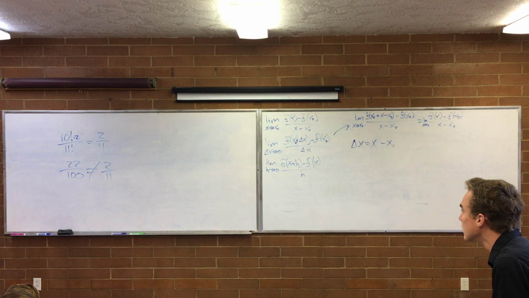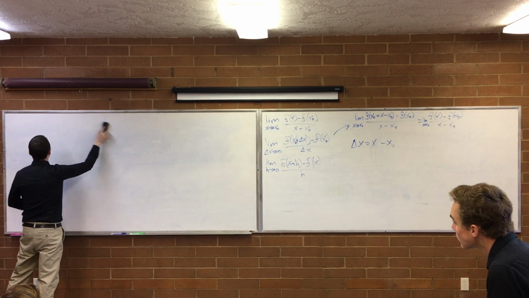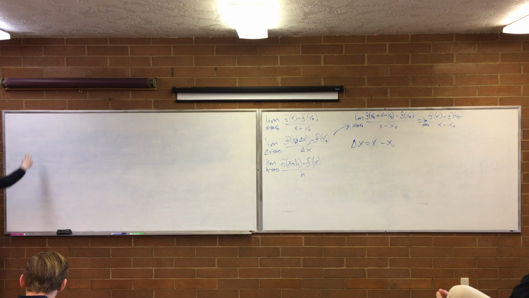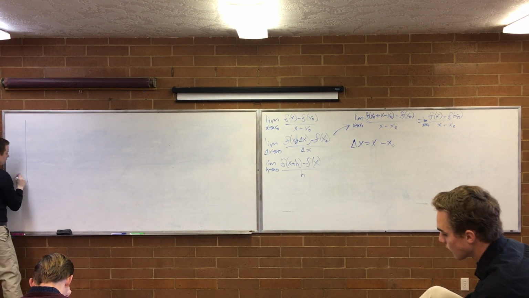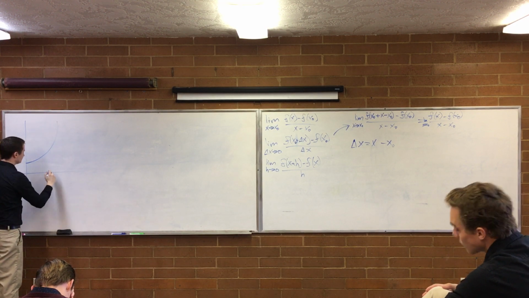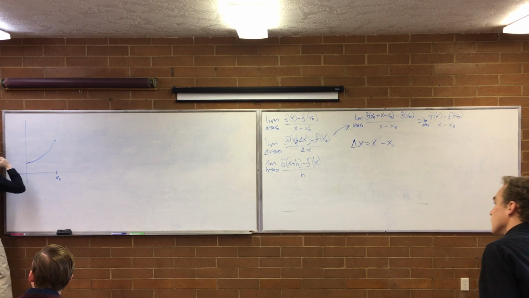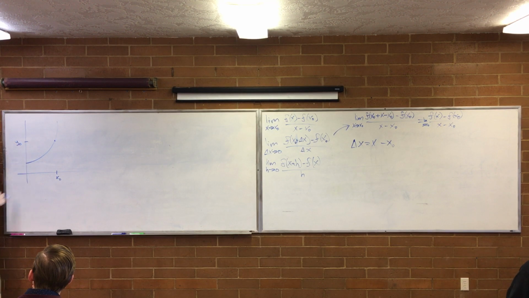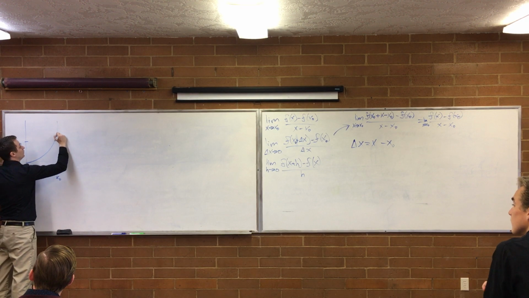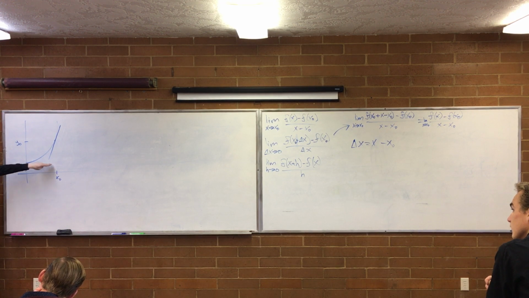Alright, so let's get our intuition real quick for the derivative of an inverse function. Now our intuition for a derivative is the slope, right? So if I have some function plotted on here, and it looks something like that. Here's our x naught, and here's our corresponding y naught. Then the slope of this thing is going to be our changes in y's over our changes in x's, right?